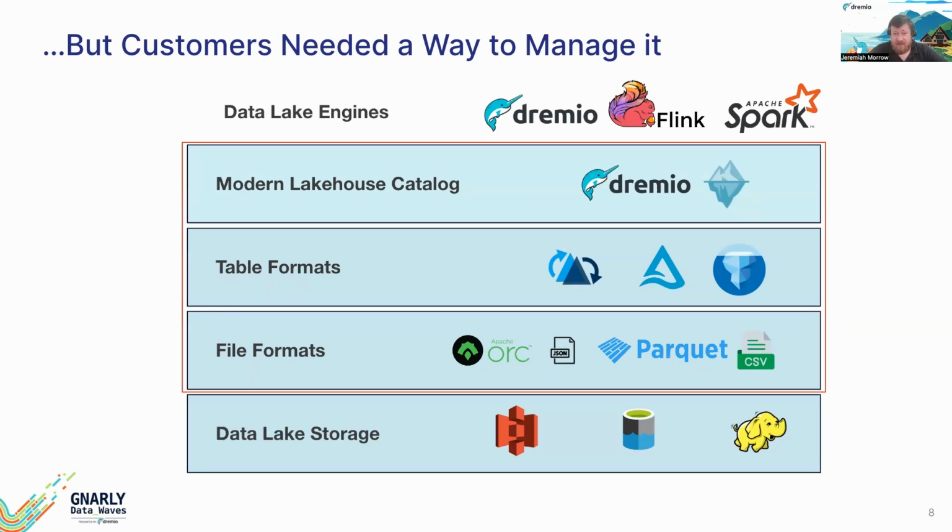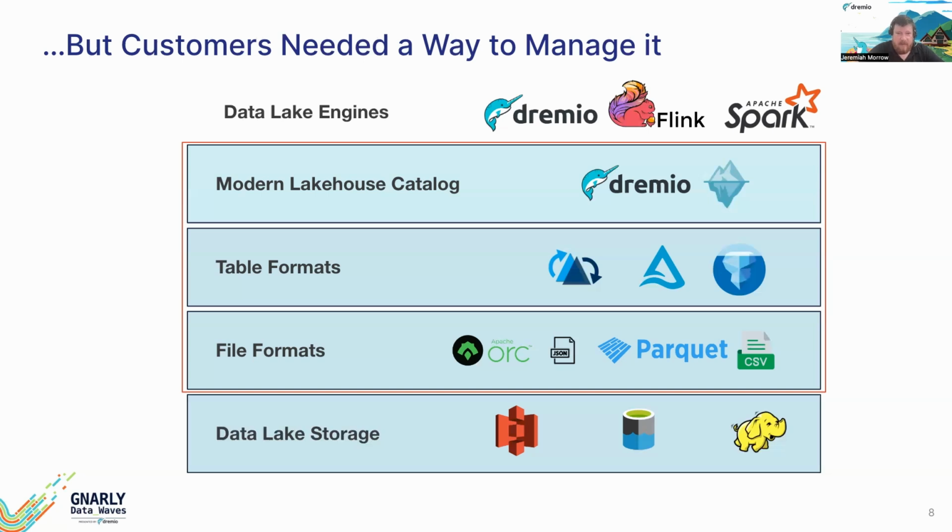So the first attempt at organizing the lakehouse were file formats. And file formats were proven to improve performance and also compress data for storage optimization. And a lot of companies have seen the benefits of standardizing on a file format like Apache Parquet, for example. So table formats are sort of the natural evolution of file formats, and they build on a lot of those optimizations to make data even easier to manage, like a company would manage a data warehouse.